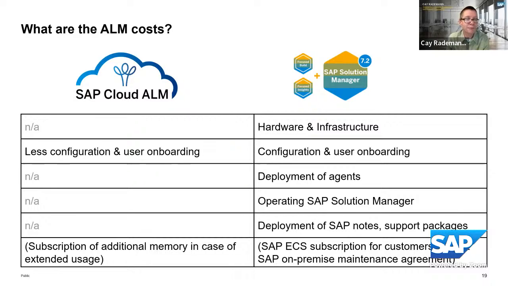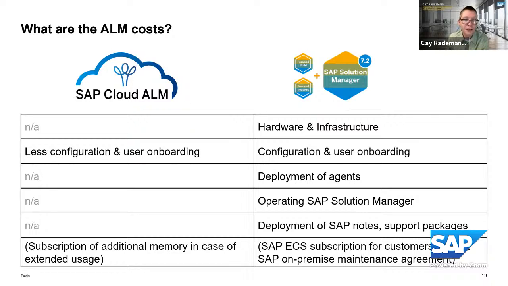SAP Cloud ALM is a cloud-native solution. This means you do not need to take care about hardware and infrastructure. You do not need to operate the system. You do not need to deploy nodes or support packages for SAP Cloud ALM. This is all done by SAP, so a lot of cost savings.